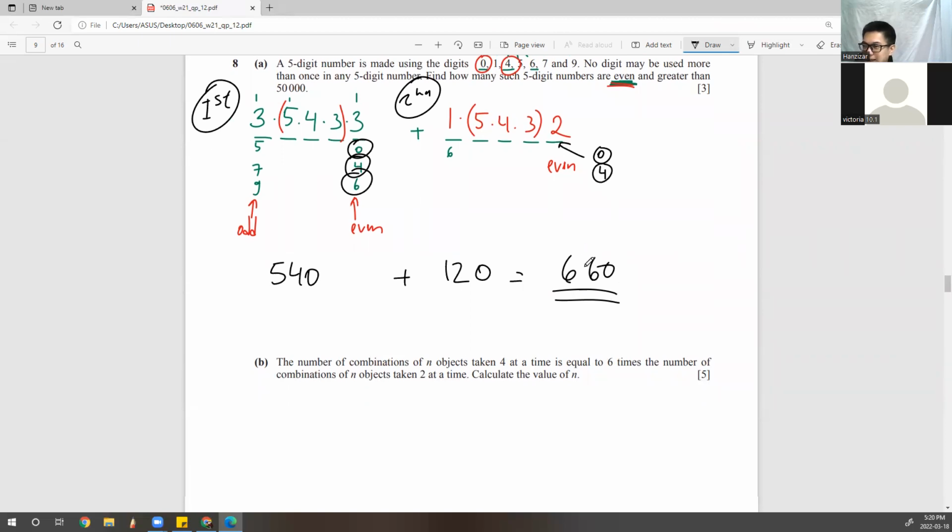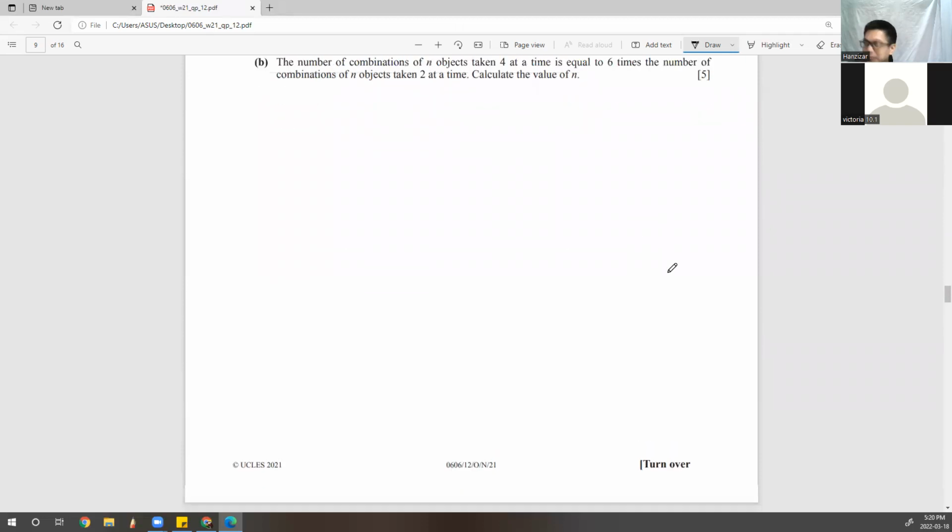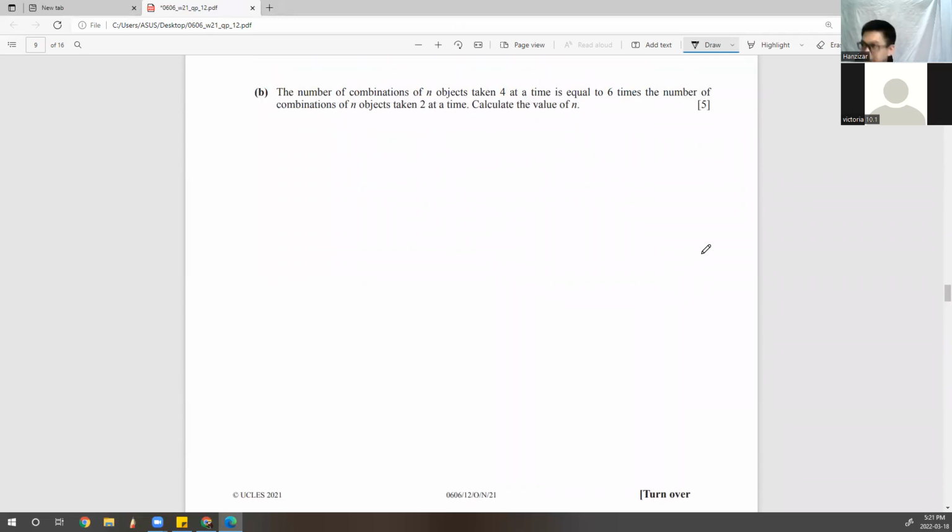No. Okay, continue. The number of combination formula. Yeah. So nC4 is equals to 6 times the number of combination of objects taken 2 at a time, right? So remember the rule, nCr equals to n factorials over r factorials, n minus r factorials.